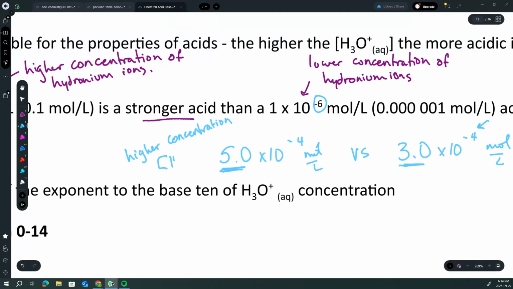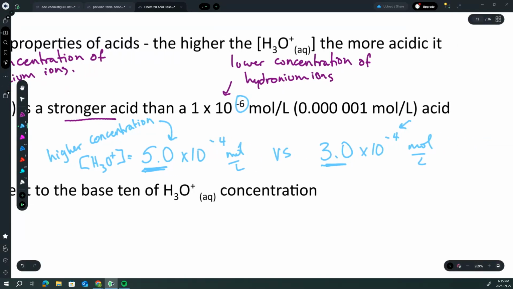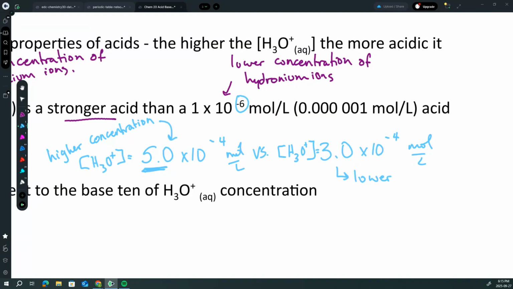So let's just add in hydronium, equal to that. This is the higher concentration one, versus this, which is going to be a lower concentration.